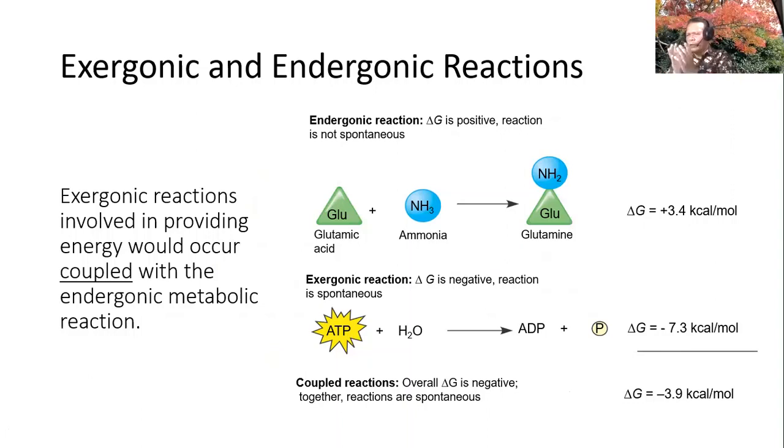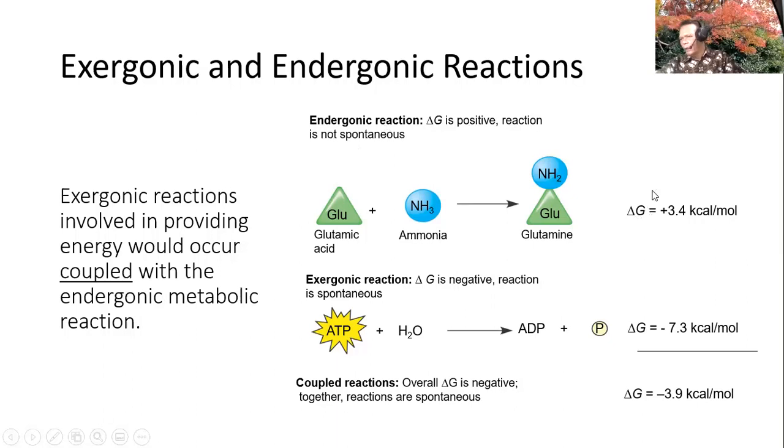It means that the exergonic reaction, which provides energy, occurs coupled with the endergonic metabolic reaction. These two happen in one system. For example, for the endergonic reaction, delta G is positive. The reaction is not spontaneous, right?